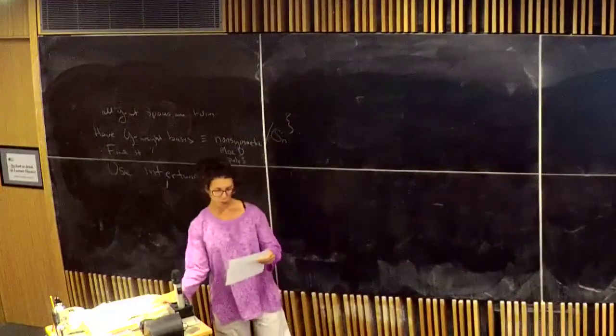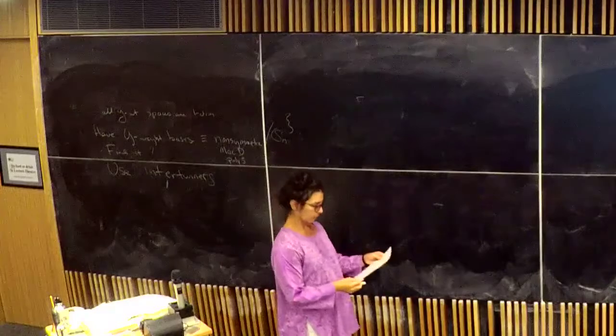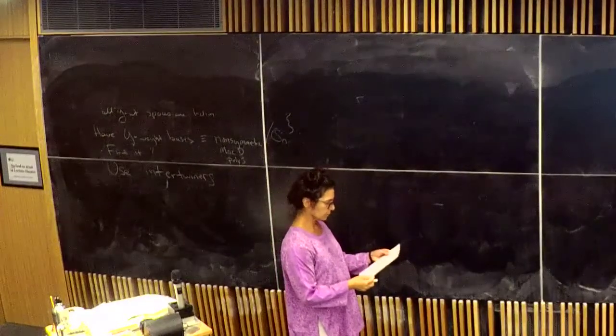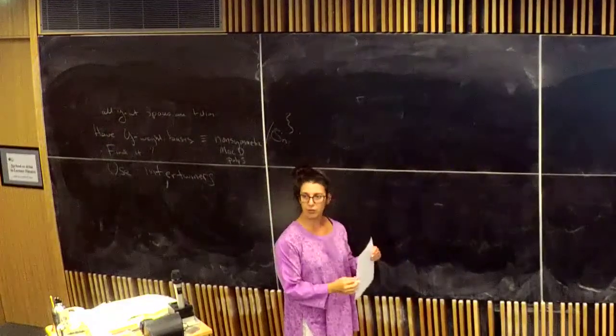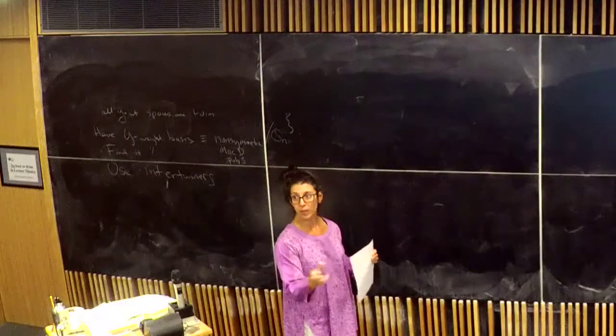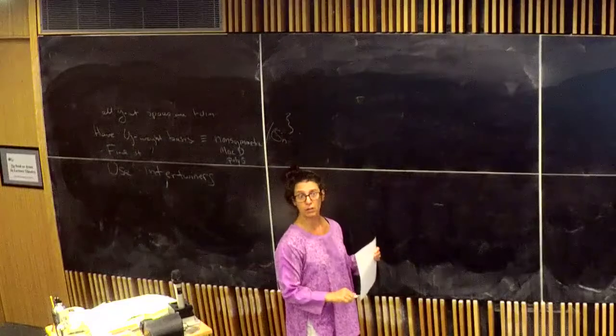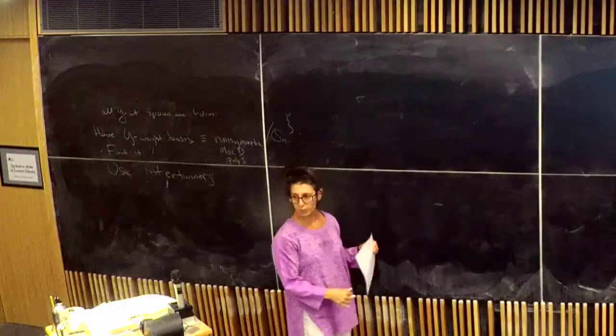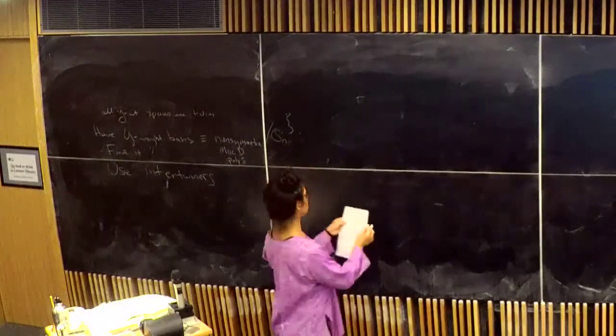So before I write a formula for them, let me tell you the properties that they have. That's really nice. And once I told you these properties, you could do some calculations and just find them on your own. And you might find a slightly different normalization, but you could go and find them.